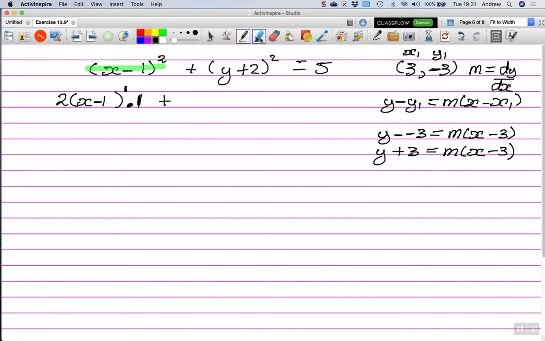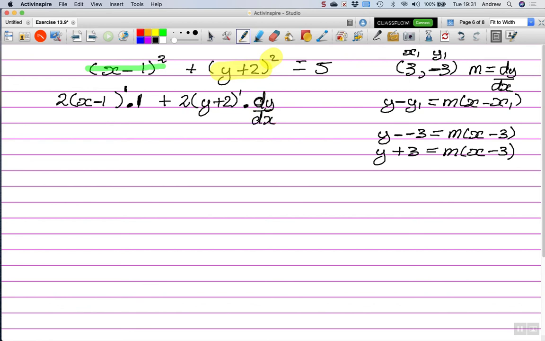Now we're going on to the next one, which is (y plus 2) squared, and we multiply by the power, which is 2. We put the power down 1, which means it goes down to 1, and then we multiply by the differential of what's inside. So what's the differential of y? Well, you should know by now it's dy/dx.